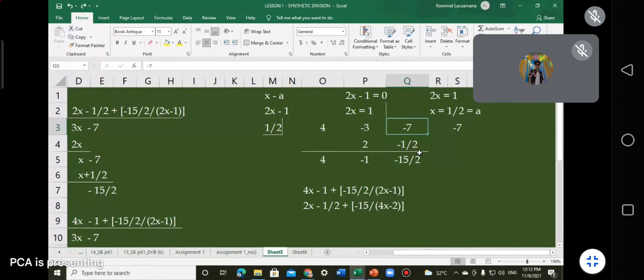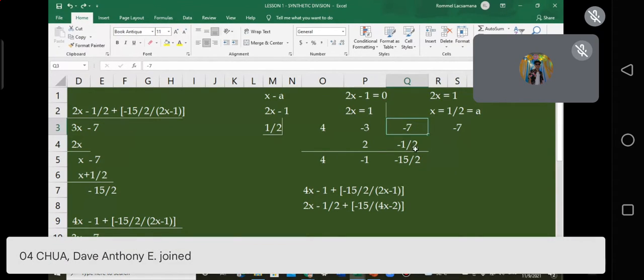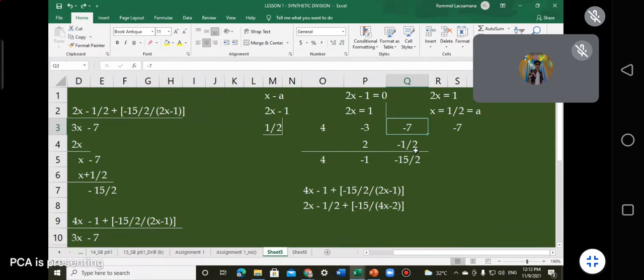The whole number -7 times 2, the denominator, over 2. Okay? Magkakaintindihan. Sino nag-add dyan? Okay, and then you can add this. It's -15 over 2.